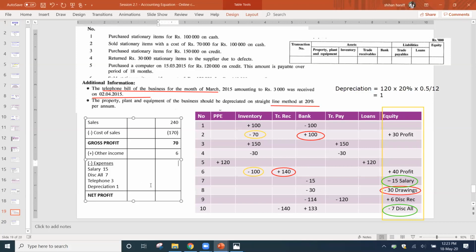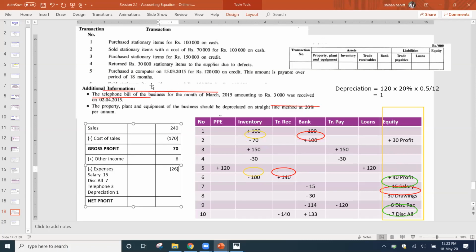So total expense comes 15 plus 7 plus 15 plus 1, 20 6. So we have one more.